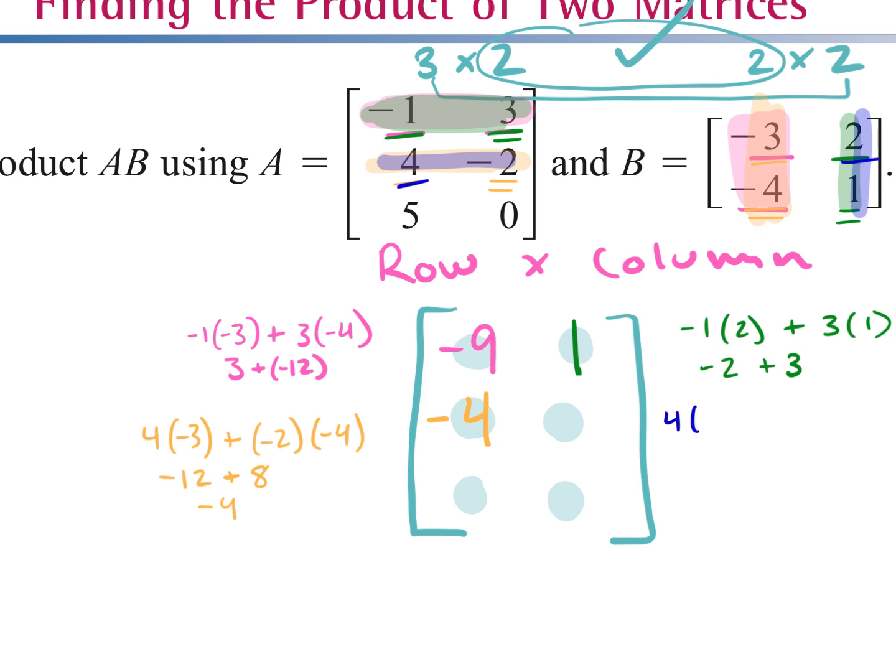So 4 times 2 plus the second number times the second number. -2 times 1. 4 times 2 is 8. Negative 2 times 1. So 8 plus negative 2, or 8 minus 2 would be 6. Awesome.